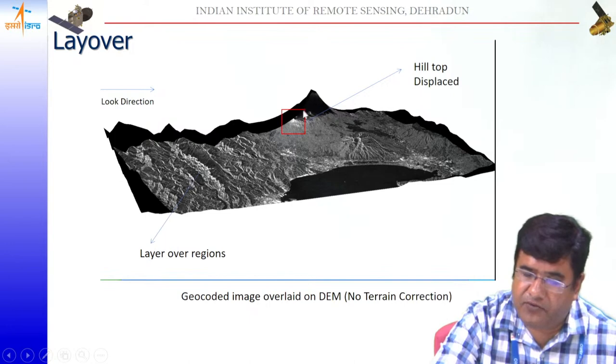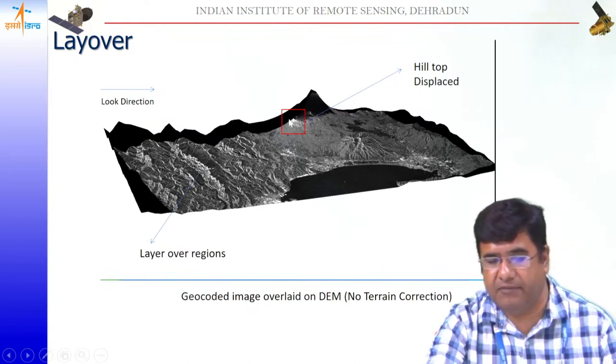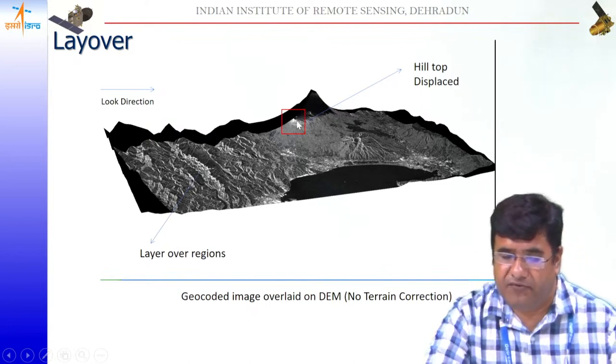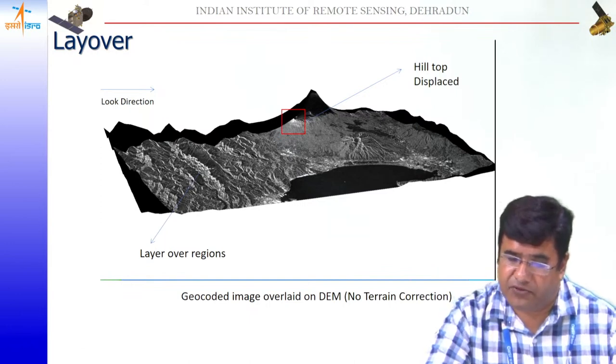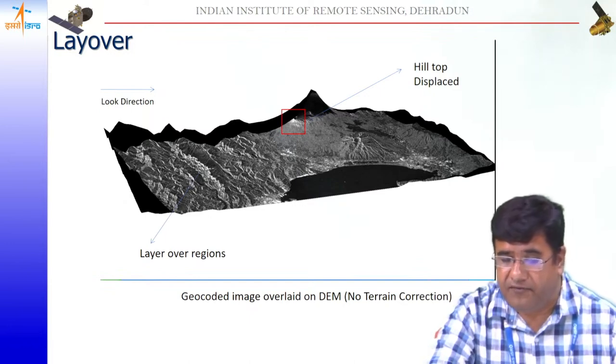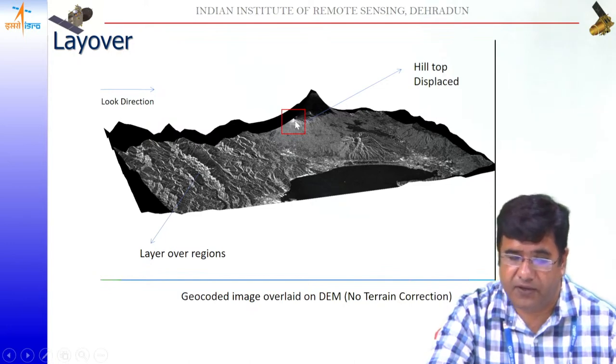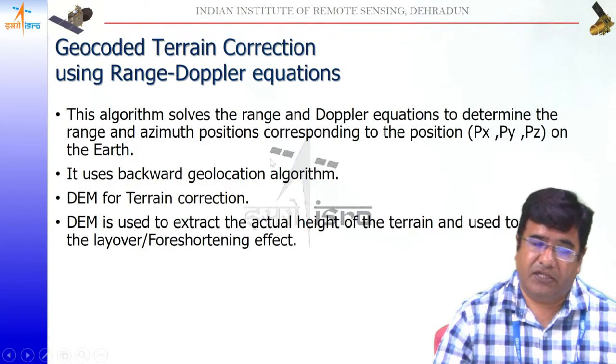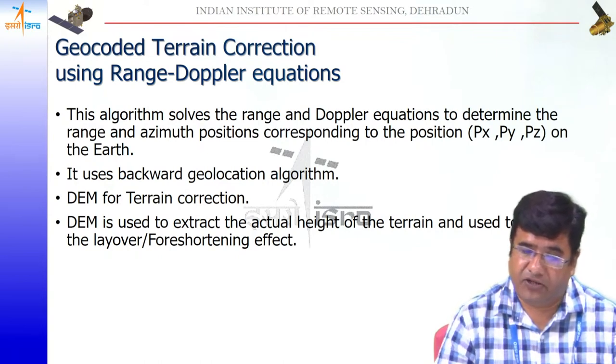But due to the layover it is coming here. We have not used the digital elevation model, so it is not correctly placed. After using terrain correction, we can correct the position of this mountain. This is done through geocoded terrain correction using the range Doppler equation.